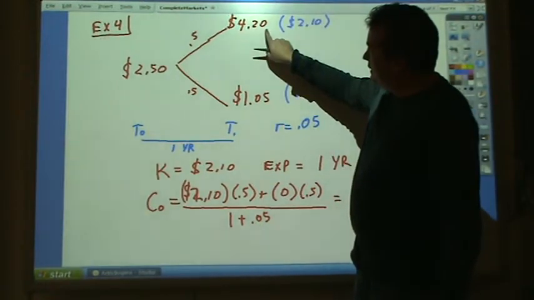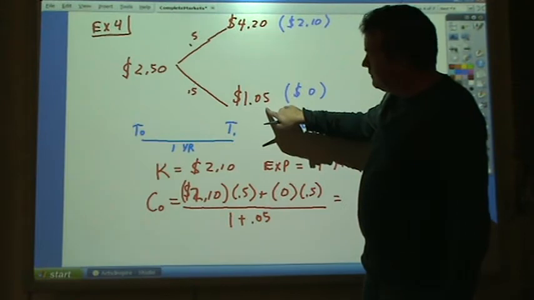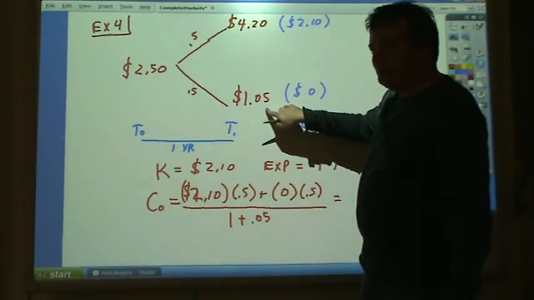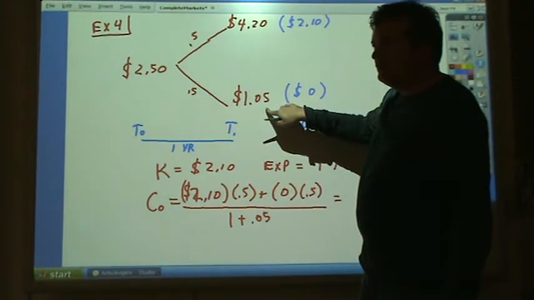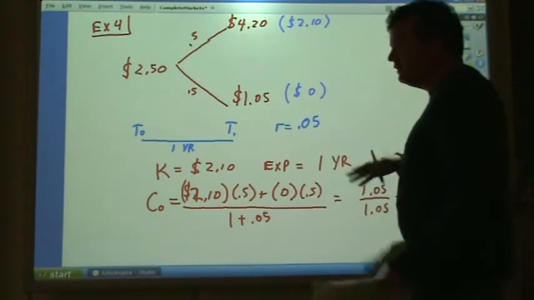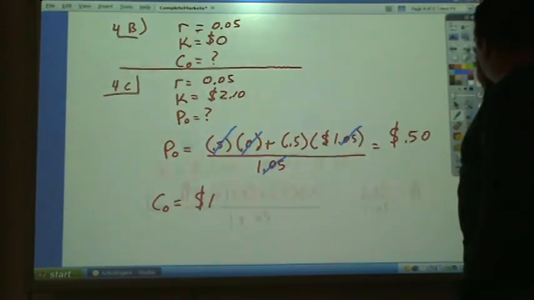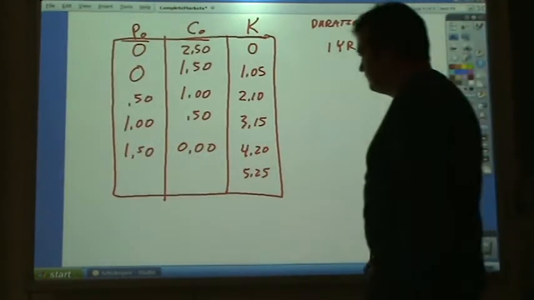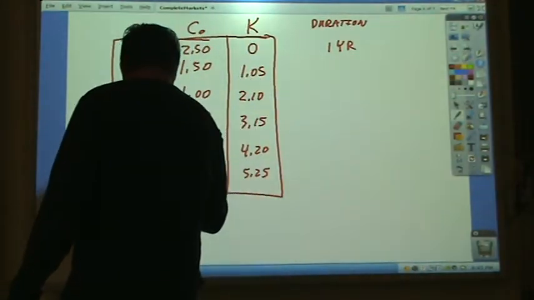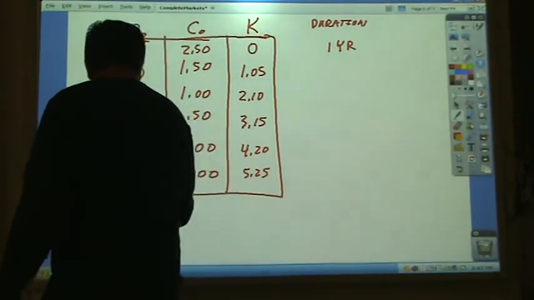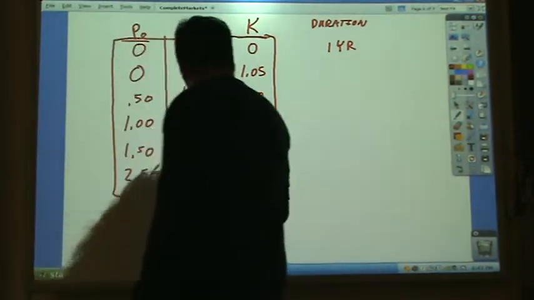Half the time you get $1.05, and half the time you'll get $4.20. And you'd wanna average those two. That would be $5.25, subtract interest, cut in half would be $2.50. So this is 0, and this is now $2.50.